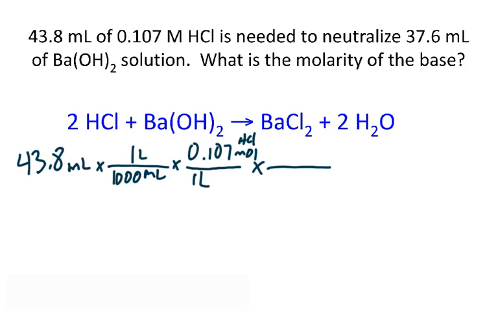Then from my balanced equation, I can see that I have 2 moles of HCl for 1 mole barium hydroxide. And then that gets me how many moles of barium hydroxide.